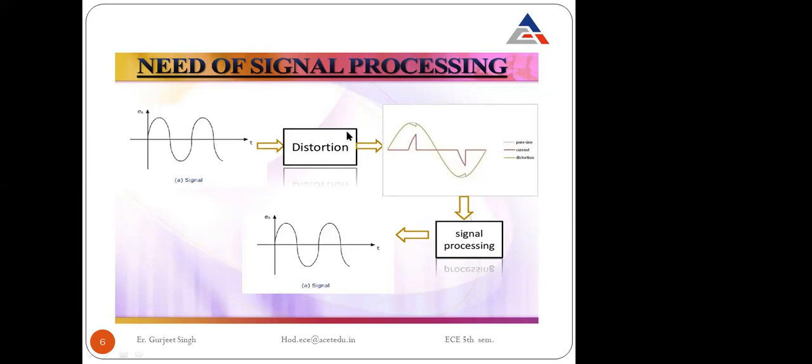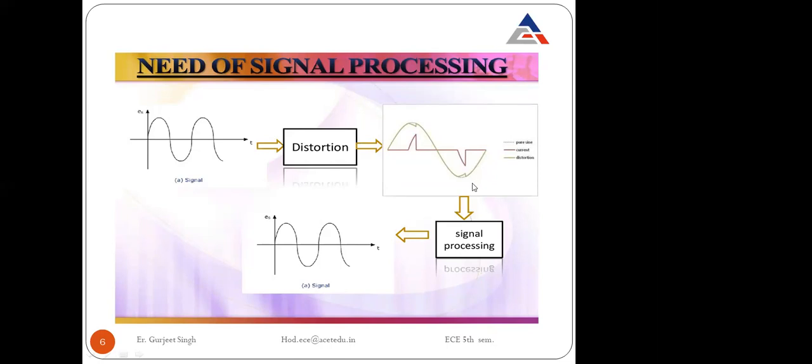So this is the distorted signal we receive at the receiver side. I am sending this type of signal from the transmitting side, and due to distortion, its wave shape gets distorted.